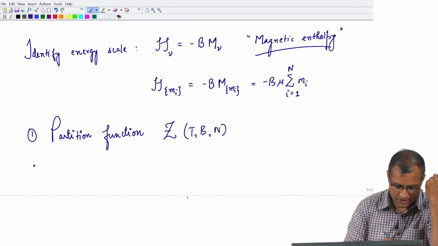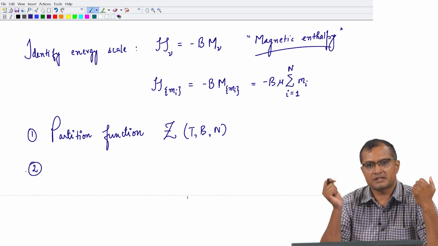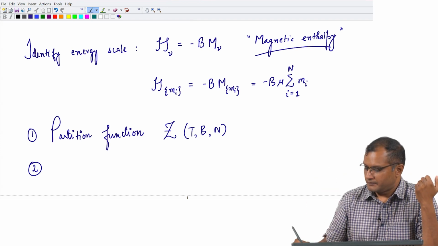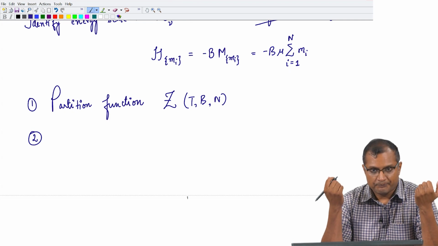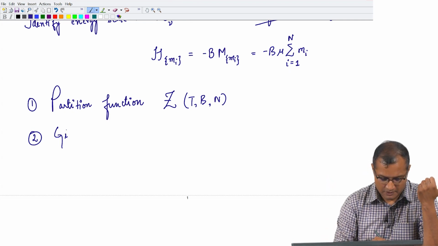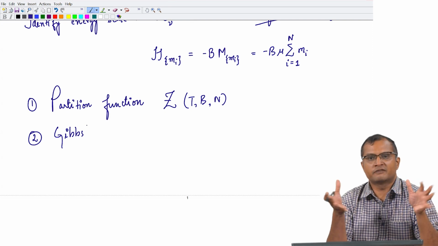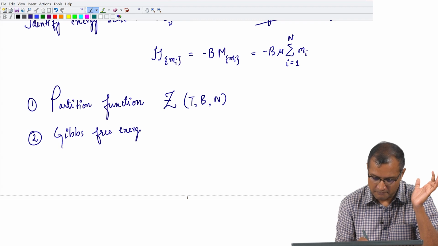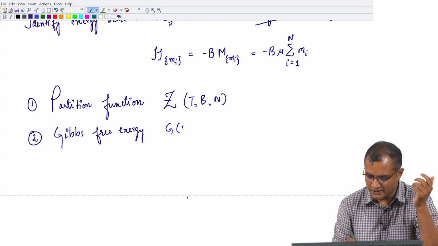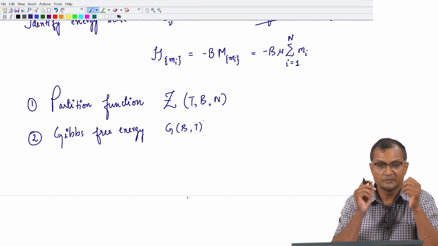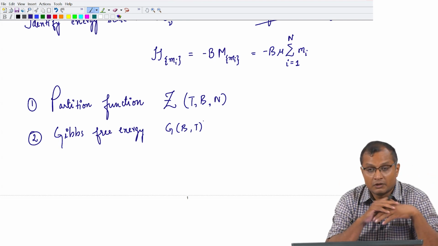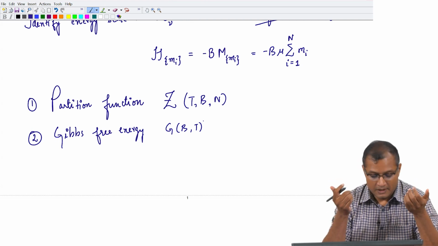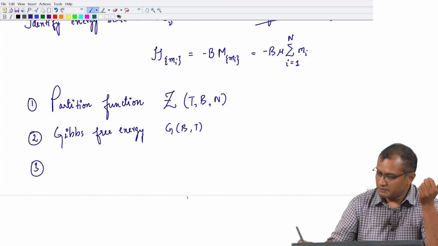Now, with this, if you compute the partition function, you can compute, for example, Gibbs free energy of the system. So, this is now development of thermodynamics. So, you can compute Gibbs free energy of the system as a function of B and T. Now then, with the Gibbs free energy, you can compute very interesting properties.